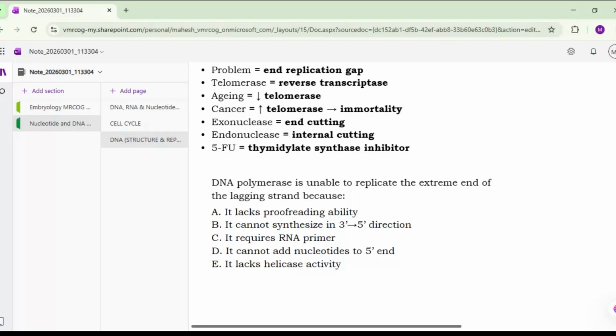DNA polymerase is unable to replicate the extreme end of the lagging strand because it lacks proofreading ability. It cannot synthesize in the 3' to 5' direction. It requires an RNA primer.